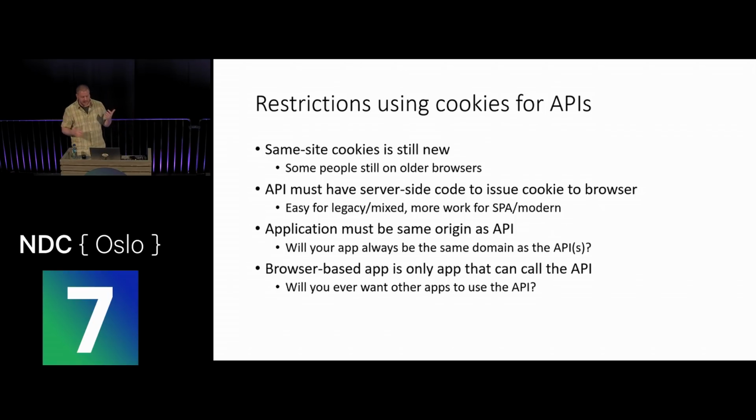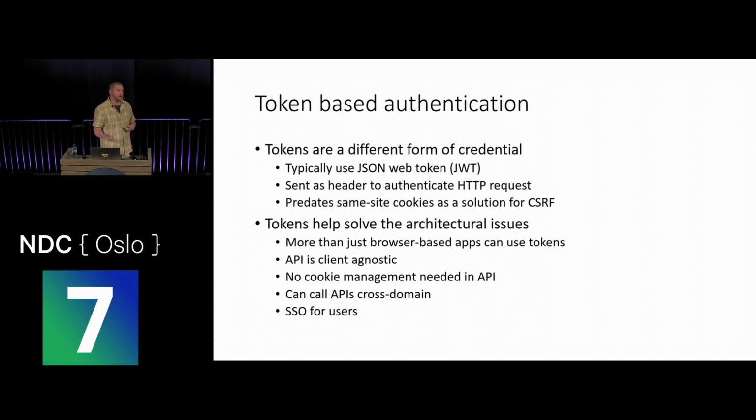So what are we going to do instead? Well, there's a different architecture that uses something called a token-based authentication design, if you will. A token, again, is just another type of credential. The main difference is that this is something that needs to be sent explicitly. So this token is usually a JSON web token or a JWT, if you've ever heard of those. I'm sure you have. This is sent as the authorization header explicitly every time you make a call, like an AJAX call. And so again, this basically gives us a level of indirection from the browser.